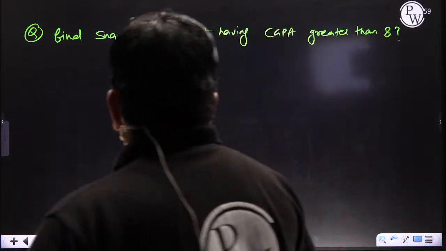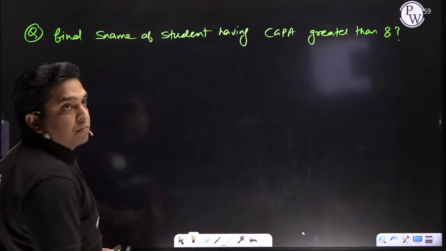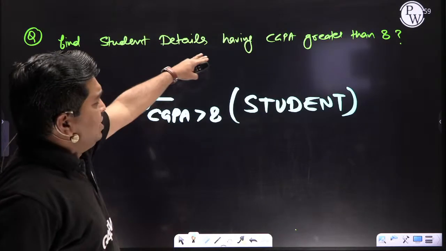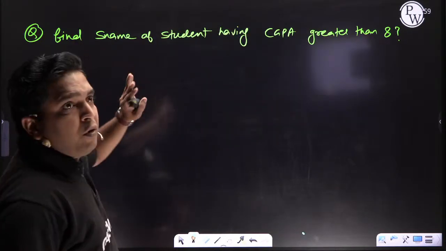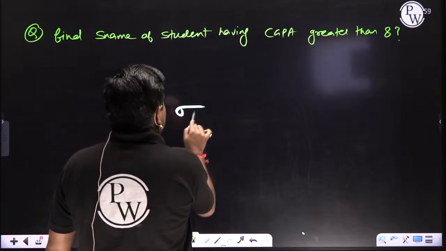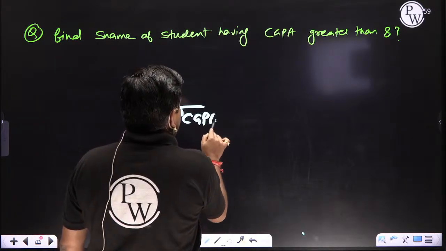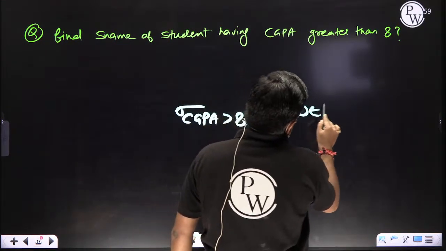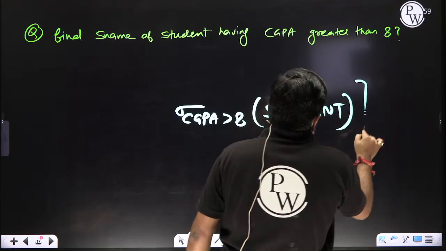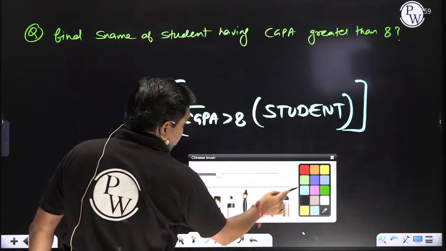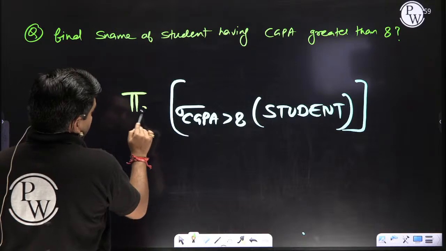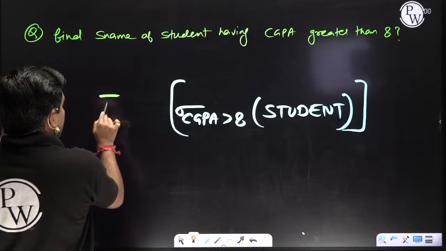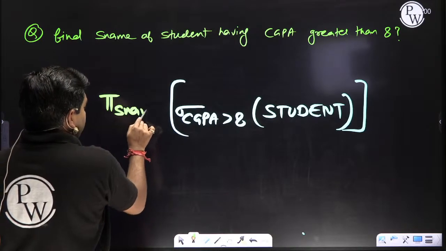What is the answer? Here we want details. Here we don't want details. We want only S name. So CGPA greater than 8 from student table will remain the same, but now we want S name.